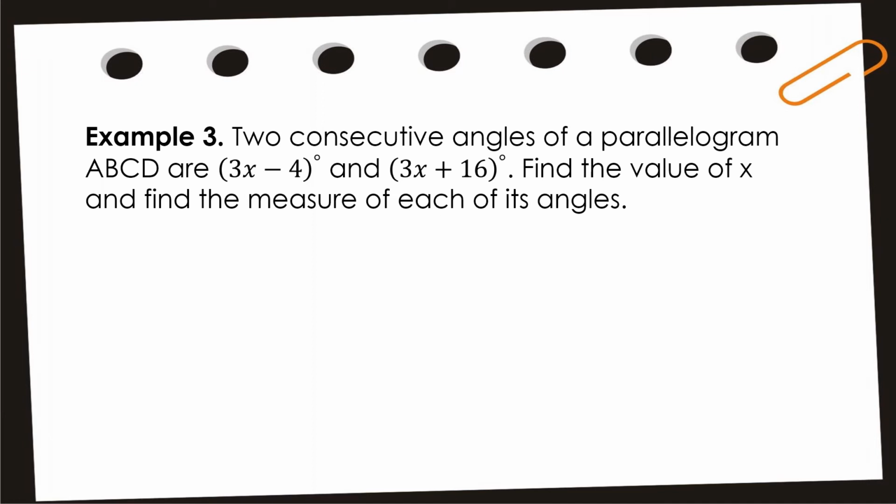Example number 3. Two consecutive angles of a parallelogram ABCD are 3x minus 4 degrees and 3x plus 16 degrees. Find the value of x and find the measure of each of its angles. First, let us illustrate parallelogram ABCD.